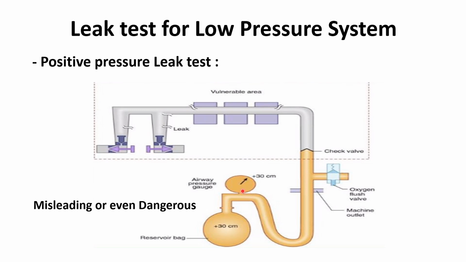If this pressure isn't maintained for 10 seconds, we have a leak, which could be at the vaporizer area or at the flow meter. In modern devices, we have something called a check valve, which is a unidirectional valve and does not allow this pressure to come back to the vaporizers and flow meter.